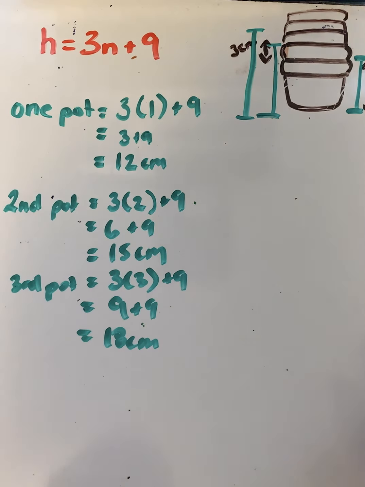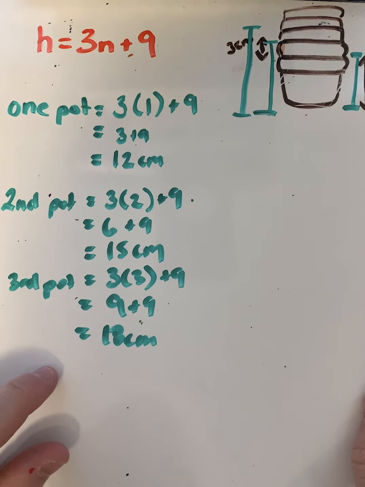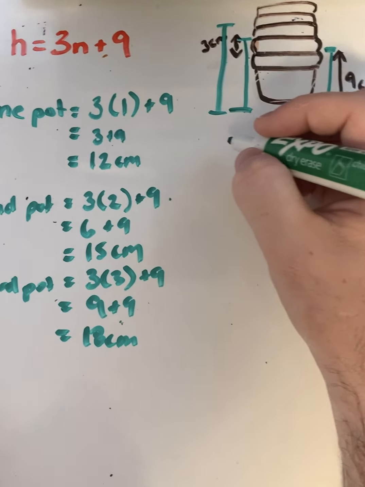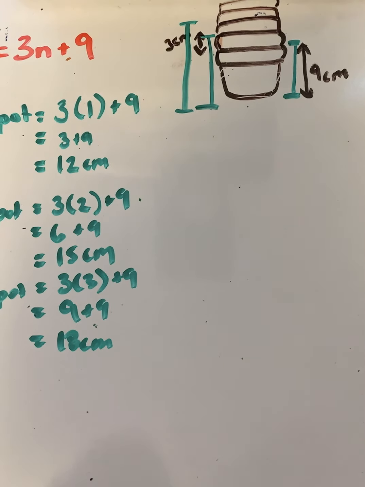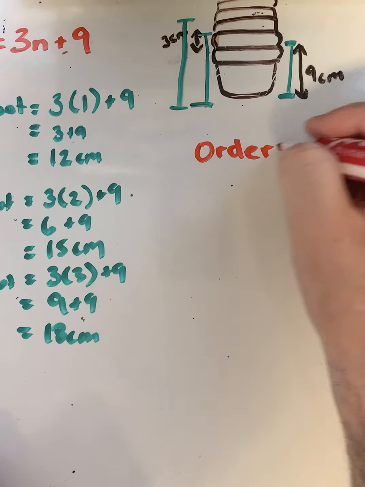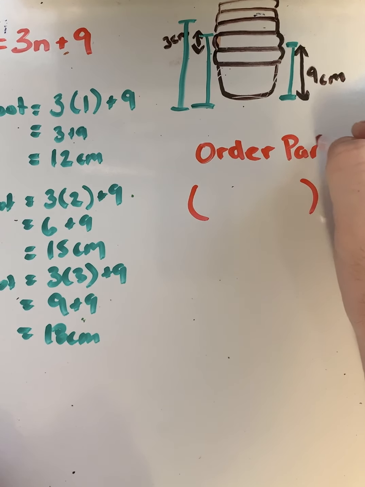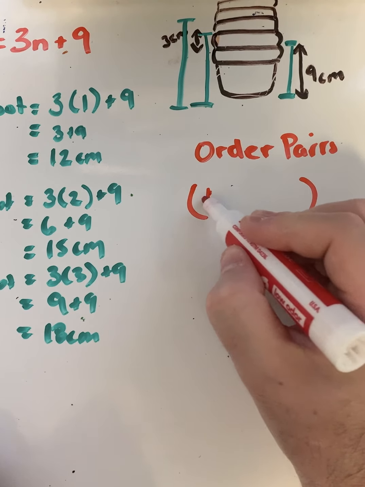So great, we've got this information, which is really helpful. Now we know what the heights are. Now we have to create our ordered pairs. In order to create our ordered pairs, we need to look at, okay, what is the pot and what is the height? In our ordered pairs, the first number is going to be the number of pots.